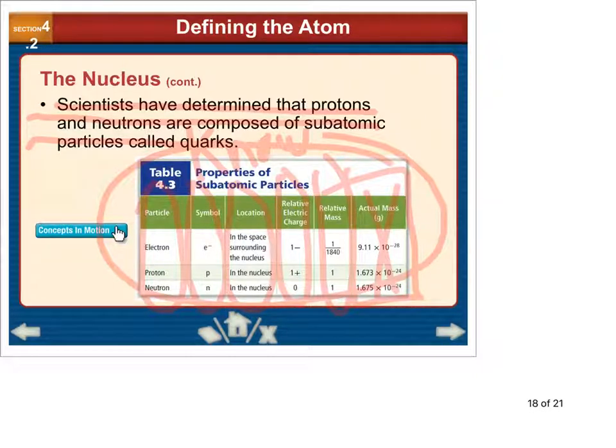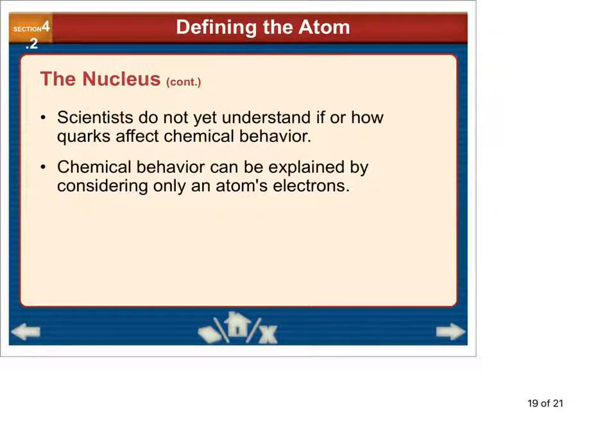In a physics course, we'd get more into the quarks. Scientists do not yet understand how or if quarks affect chemical behavior. Right now, it appears they do not. So chemical behavior can be considered by looking only at an atom's electrons, which we're going to in chapter 5. Chapter 5 is all about electrons and atoms. So when we get to chapter 5, we look a lot at electrons.